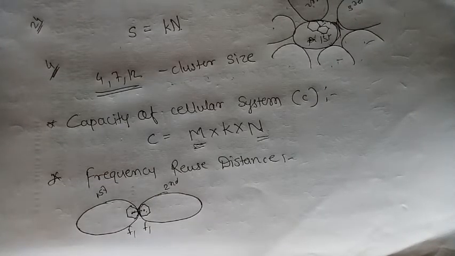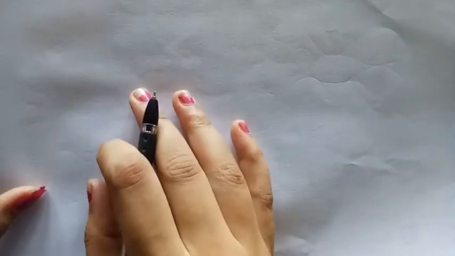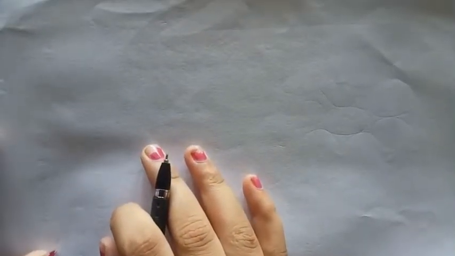After discussing all those terms, that is the analysis of frequency reuse, the capacity of cellular systems and the frequency reuse distance, there are some numericals in your syllabus. The first numerical: what is given?